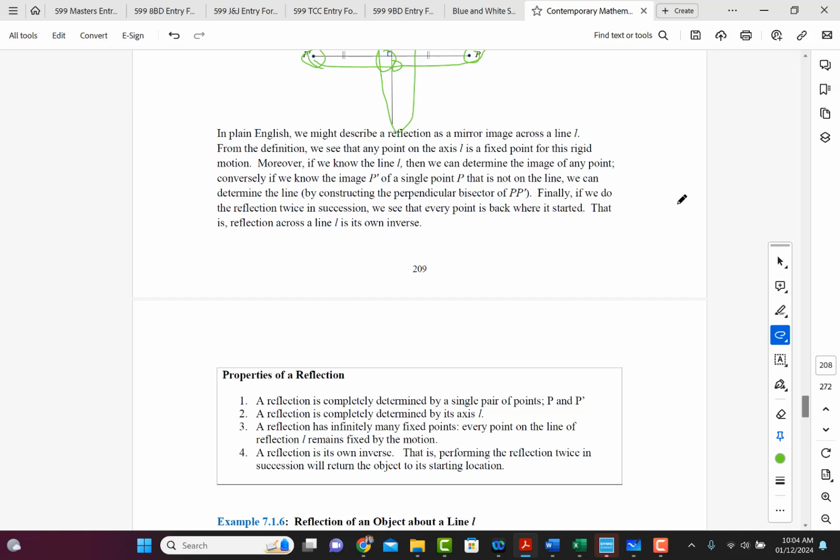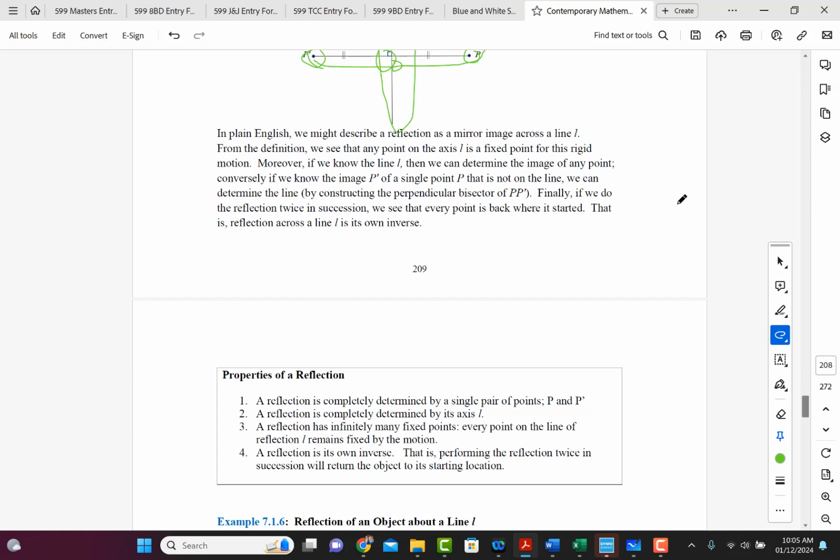Every point on the line of reflection L remains fixed by the motion. In other words, there is an infinite number of points on the line of reflection, the axis of reflection, if it goes through the shape.